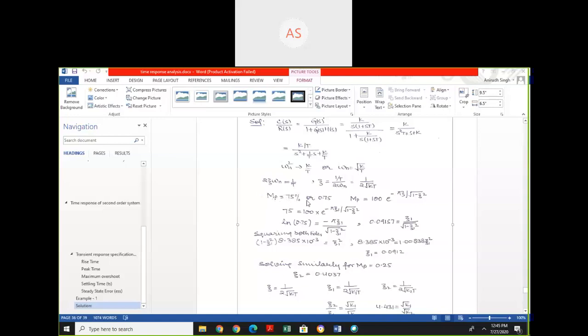In the first case, peak overshoot is 75%, meaning 0.75, and it means that 75 is equal to 100 exponential minus pi zeta divided by under root 1 minus zeta square.